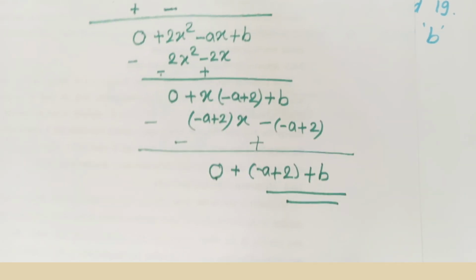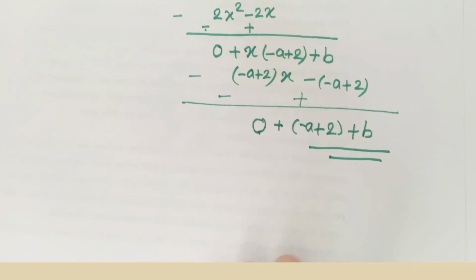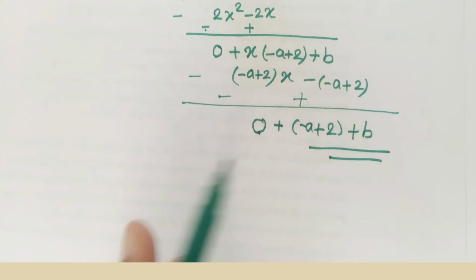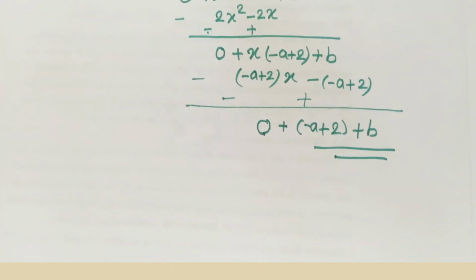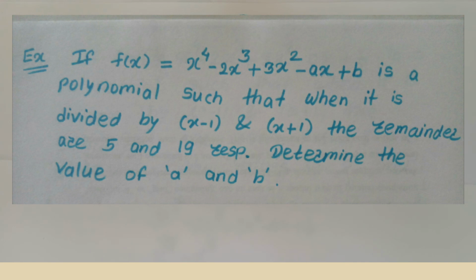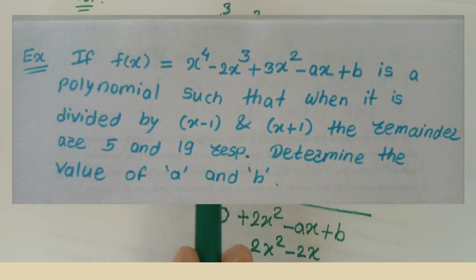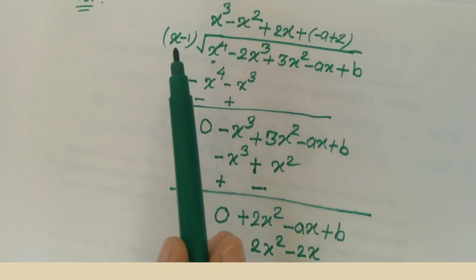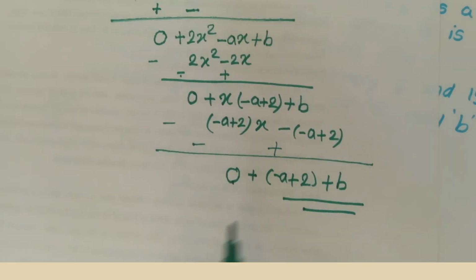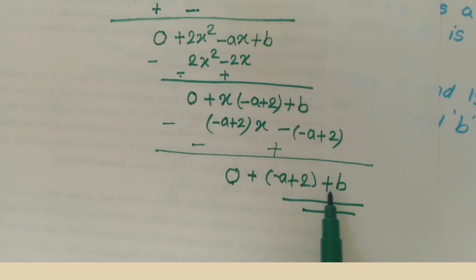But in the question, the remainder is already given. If you see the question, if we divide the polynomial f of x by x minus 1, then the remainder is 5. When we divide this polynomial f of x by x minus 1, we get the remainder minus a plus 2 plus b.